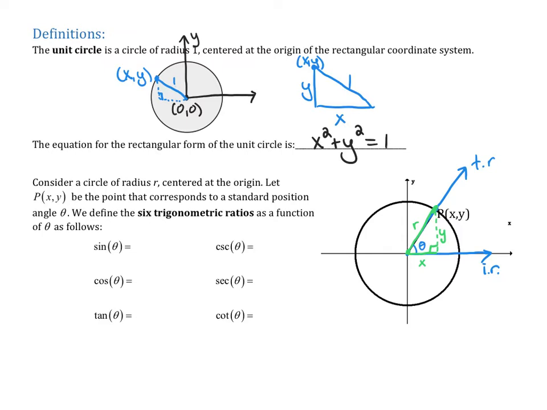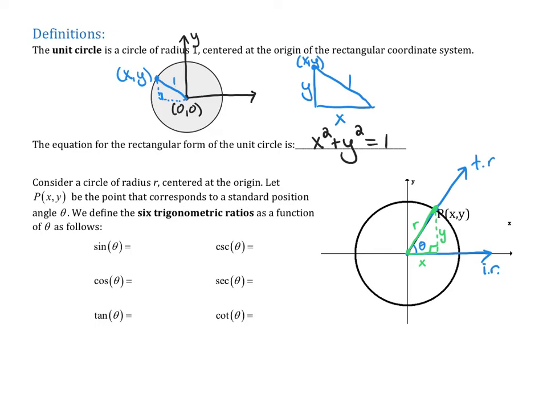Now the interesting thing about our trigonometric functions is even though it is saying that it's a function of theta, so this one is sine of theta, we don't actually plug theta into the formula that appears on the right-hand side. So we've got the angle theta here, but it's actually going to depend on the x, y, and r values of the circle. Now for sine, it's only going to depend on the y and the r, but we're going to use all 3 of these values in these 6 trigonometric functions.